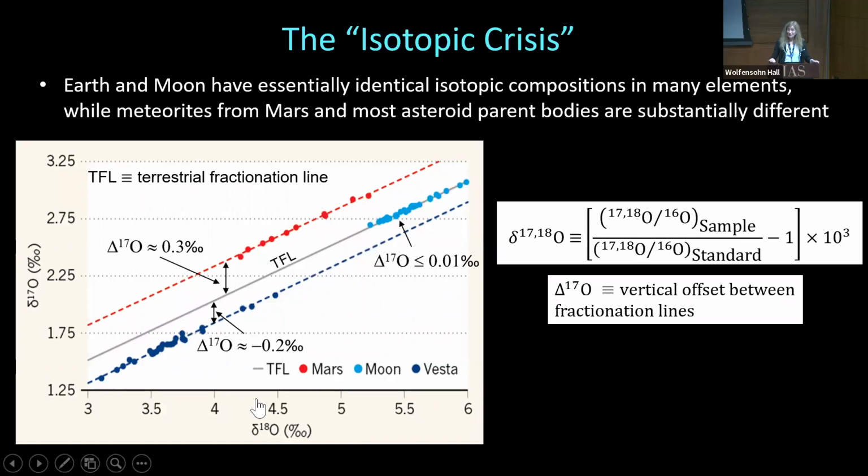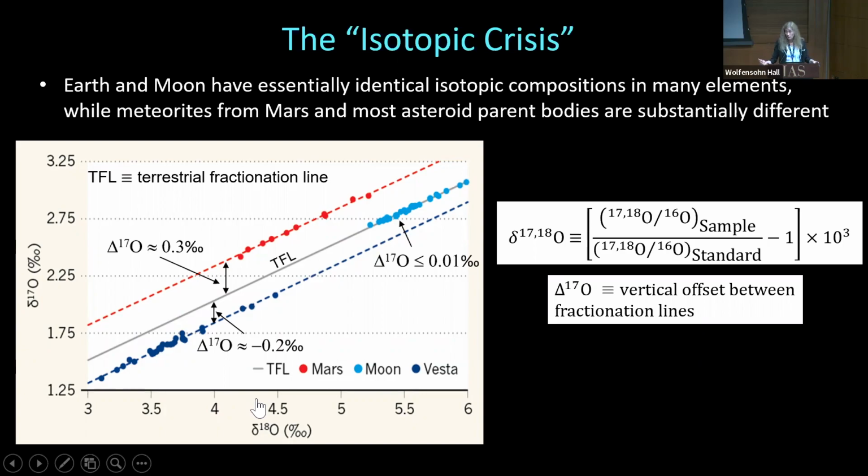And so what that means is that all samples that you get from the Earth will fall on a single line on this plot. And the line has a slope of about 1/2, and that's just because the difference in mass between O17 and O16 is half the difference between O18 and O16, shown on the y-axis. So that defines this terrestrial fractionation line.